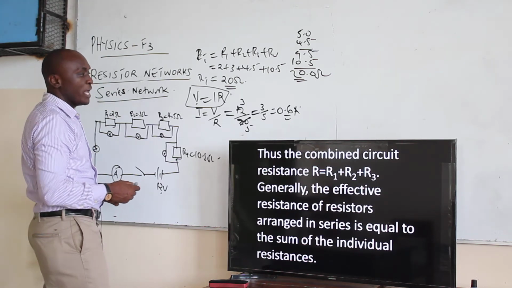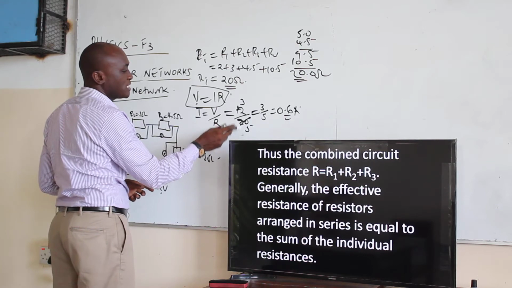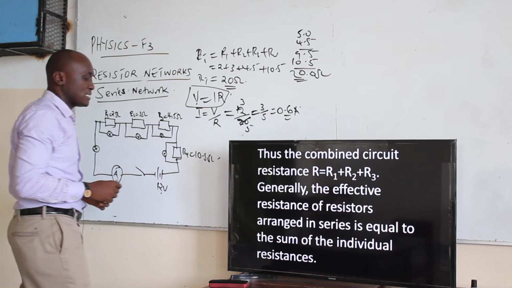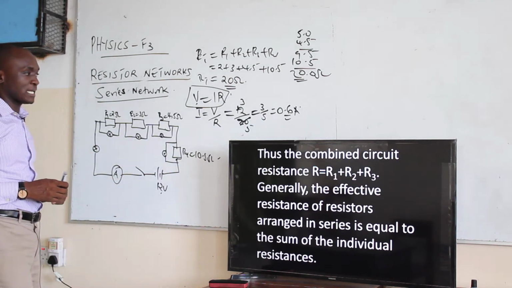Dividing by 4, 12 gives 3, and 3 divided by 5 gives us 0.6. So 0.6 amperes is the total current going through this particular circuit.